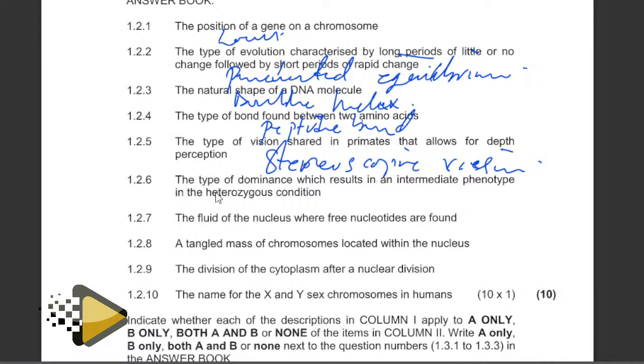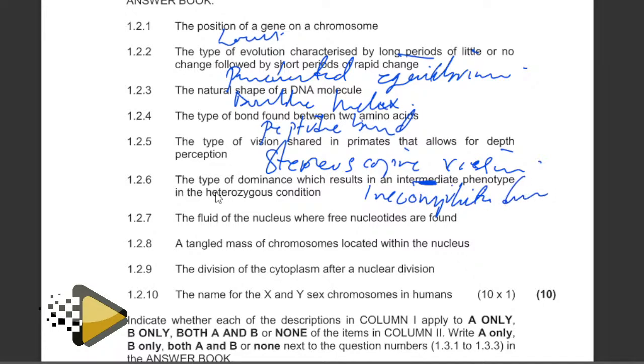The type of dominancy which results in an intermediate phenotype in heterozygous condition. The moment you talk about intermediate, you are talking about incomplete dominancy.